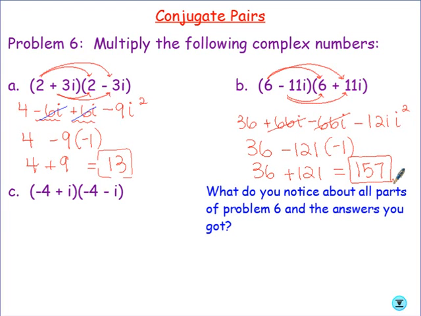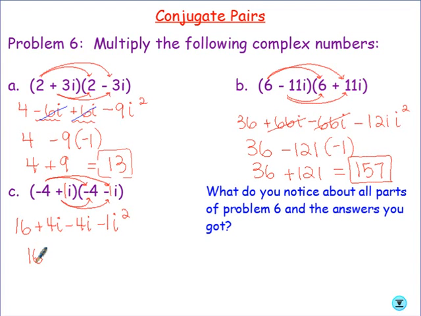Final example. Negative 4 times negative 4 is positive 16. Negative 4 times negative 1i is positive 4i. Positive 1i times negative 4 is negative 4i. And positive 1i times negative 1i is negative 1i squared.